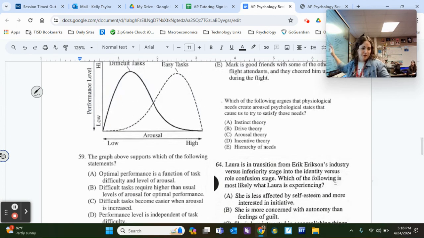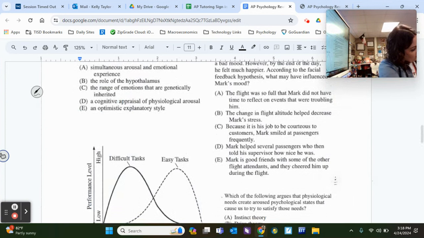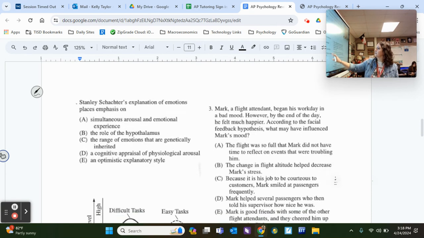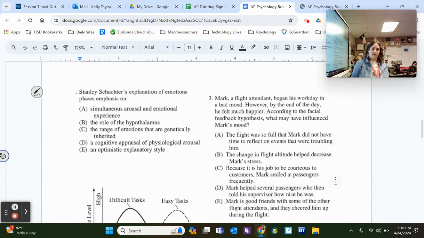How many questions for this page? All right, I'm going to give you about a minute to do the two on the left-hand side. Just those two on the left-hand side.